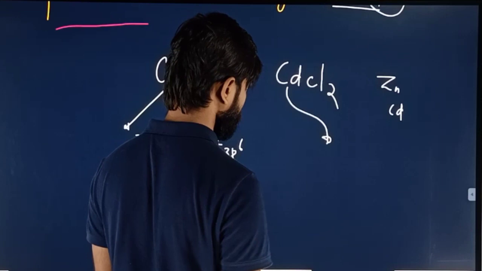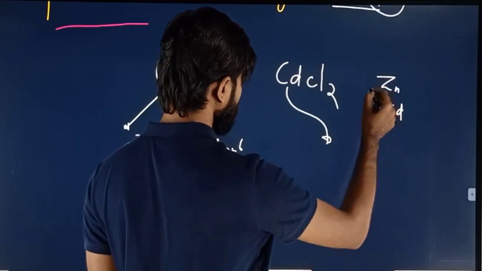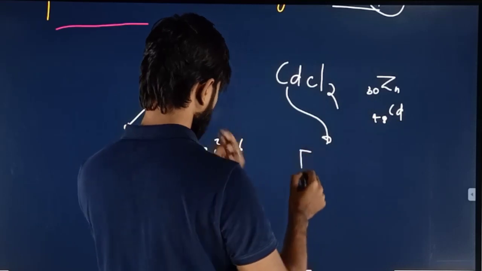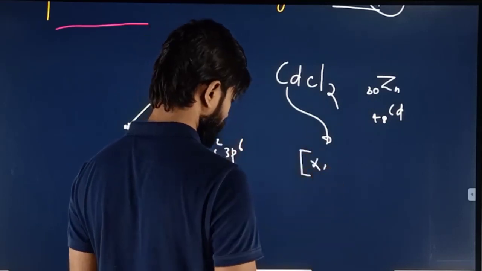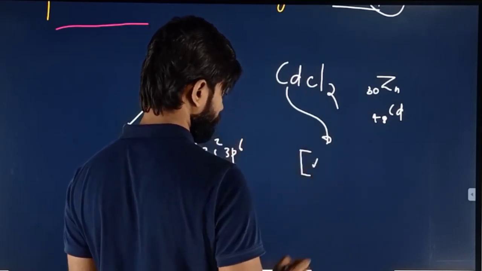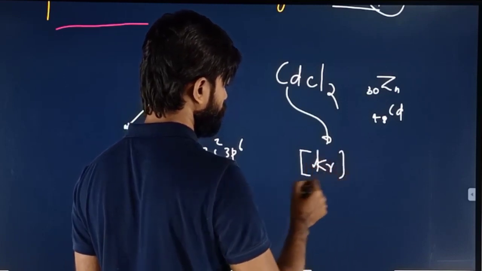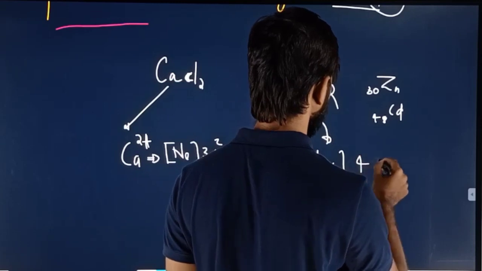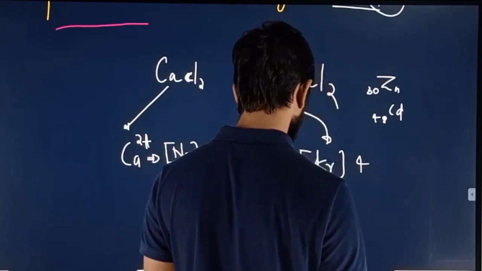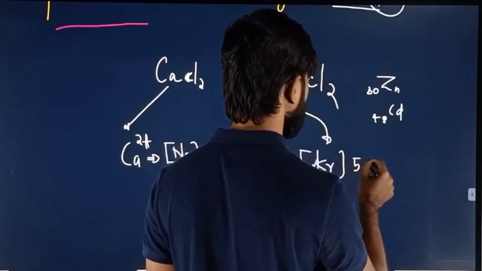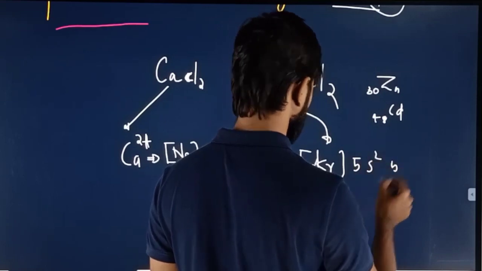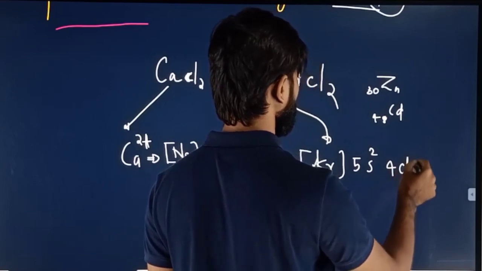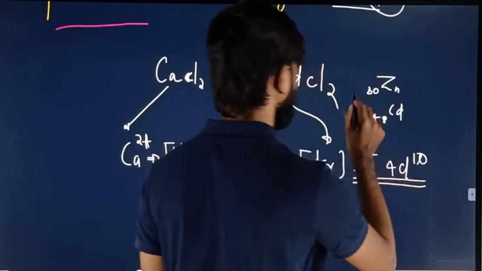Zinc has atomic number 30, cadmium 48. 48 means krypton, 36, followed by 5s2 4d10. This is the configuration of cadmium.